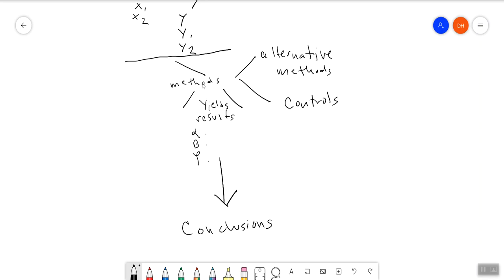Was it lab work? What kind of lab work? What were the tests that were run, etc. You can sometimes present, depending on the paper you're writing, alternative methods in your methodology section. Also important, especially in natural sciences, is to list your controls, right?